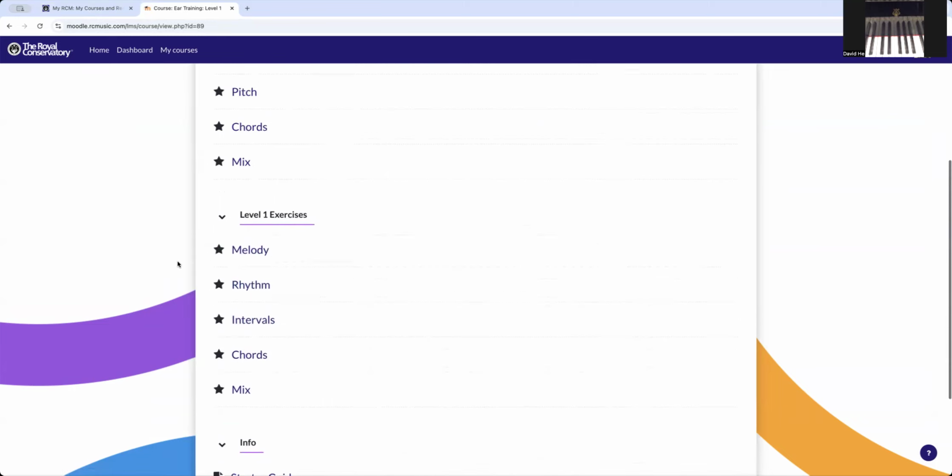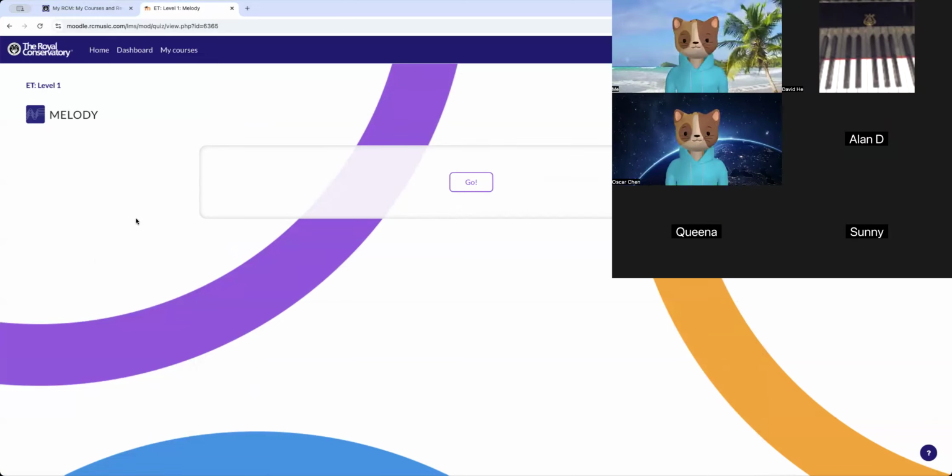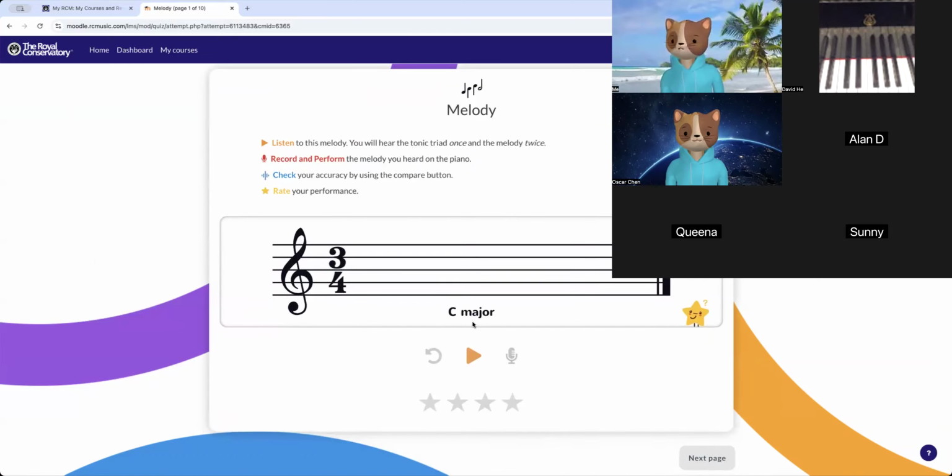First of all, we're going to do the melody part, and I'm going to try a little bit of audio here. Can you tell me if you can hear the sound of this section? Give me a thumbs up. So I'm going to play now, and tell me if you can hear this one or not. Okay, cool.